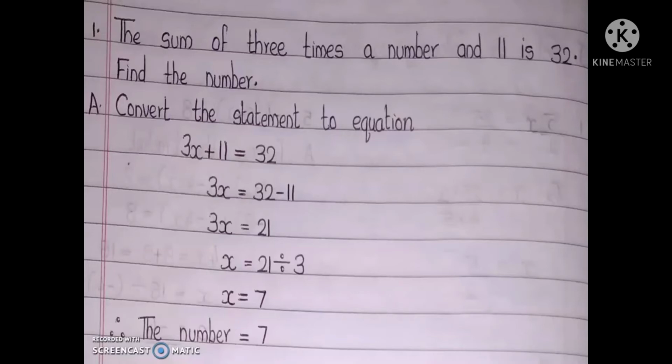So you got the equation as 3x plus 11 equal to 32. Then by the method of transposing, you converted it into the solution. You got the solution as x is equal to 7. Shall I move to the next one?